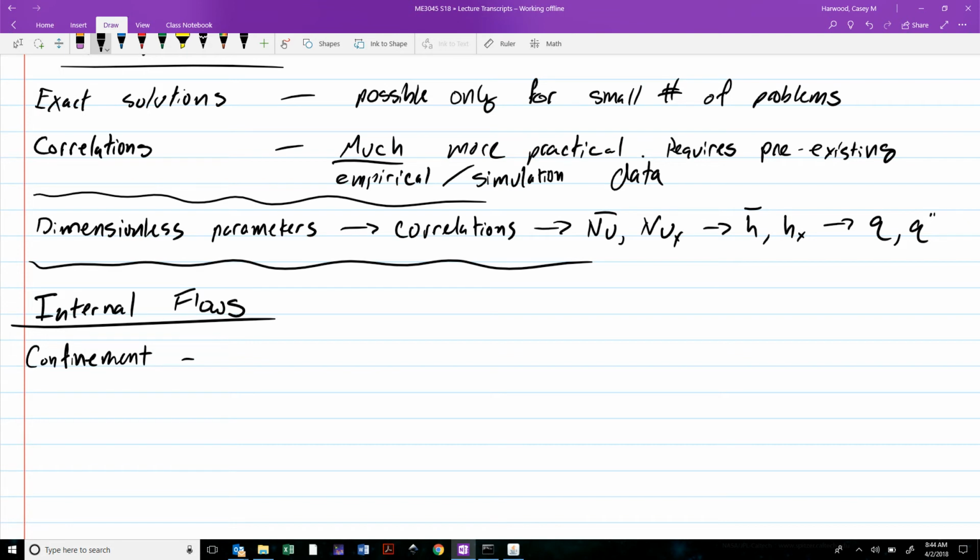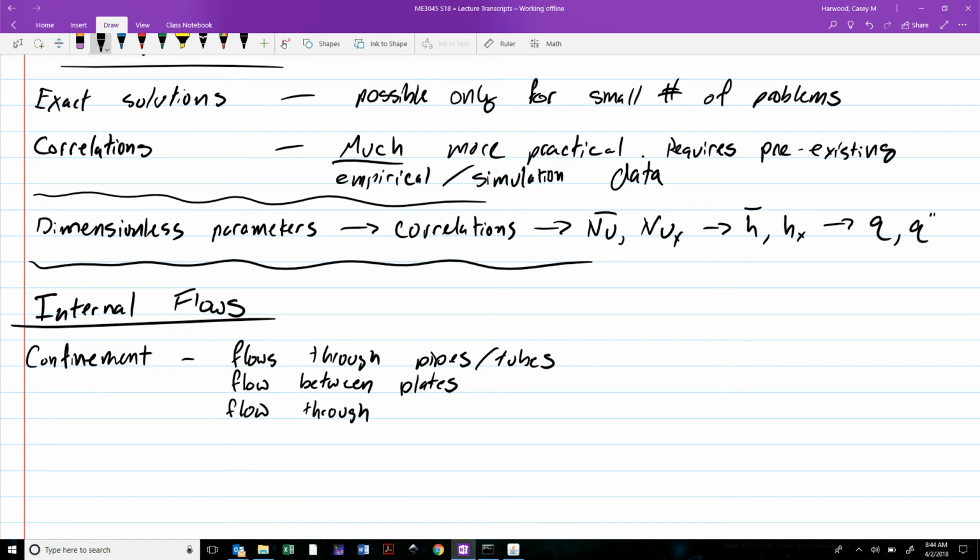So flow between multiple surfaces, as in flows through pipes and tubes, flow between plates, and flow through nozzles, or other types of orifices.